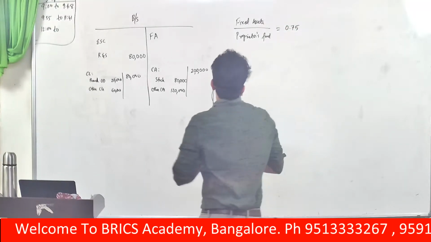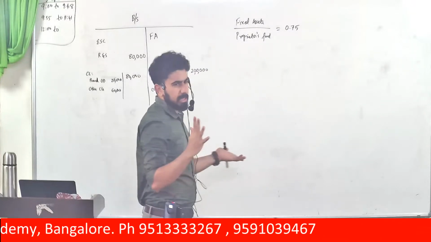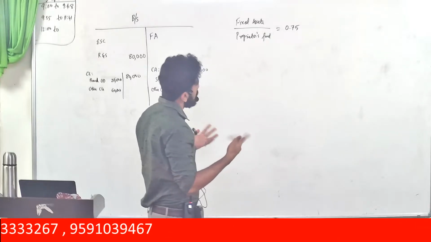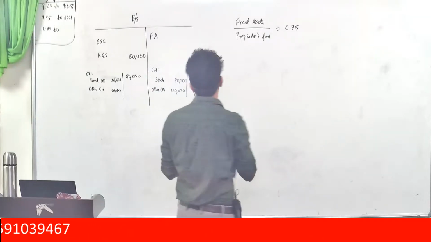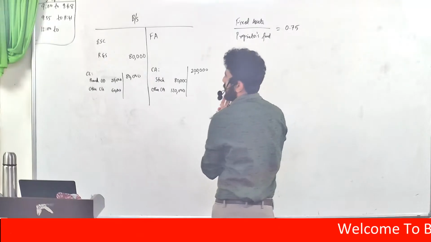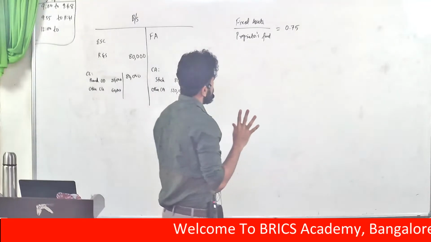Okay. Now guys, they did not say anything about the preference share. Either you can keep it or not, I don't have any problem. For now, for my ease, I will just call this equity share capital plus reserves and surplus. Or if you want, I'll leave it like this only.